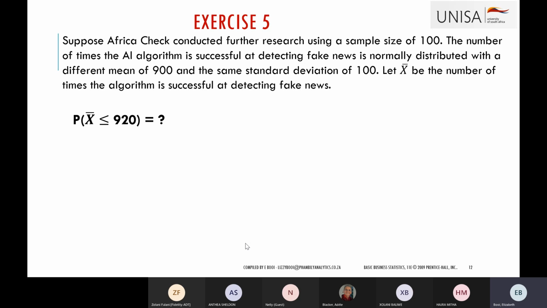Let X bar be the number of times the algorithm is successful in detecting fake news. Find P(X bar less than or equal to 920) equals question mark.